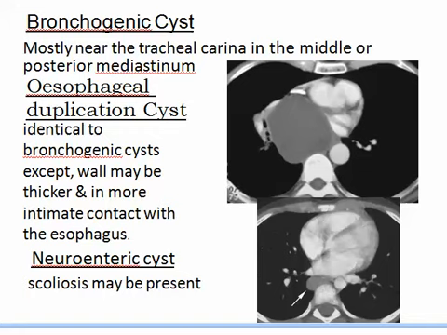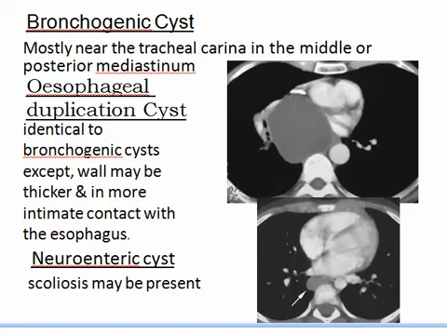Now here is an example of the bronchogenic cyst, mostly near to the trachea, in the middle or the posterior mediastinum. And of course, something identical to this bronchogenic cyst is the esophageal duplication cyst.